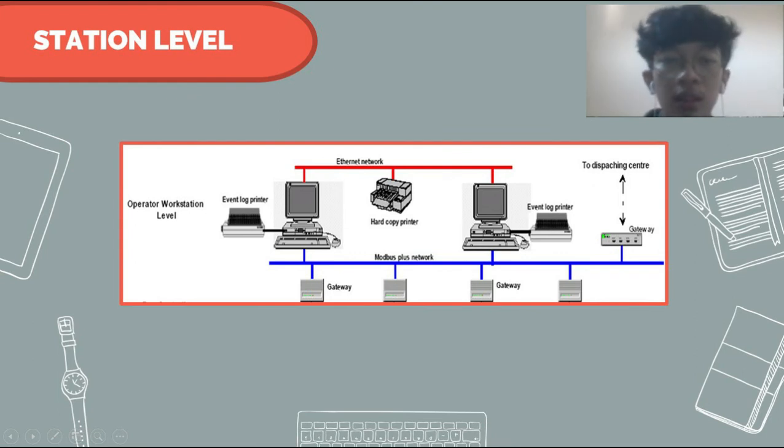At other times, in most cases, the status of all equipment on the RTU can be monitored every 2 seconds, providing information on the current state of the system to the operator in the control center.